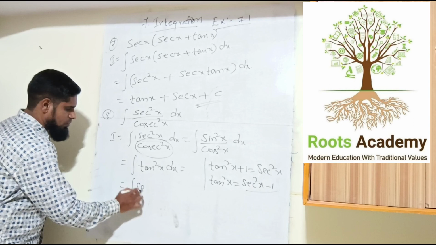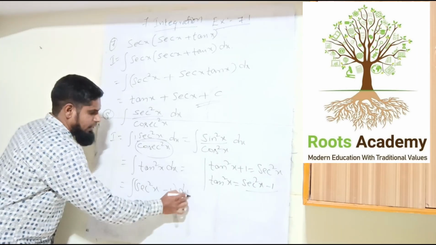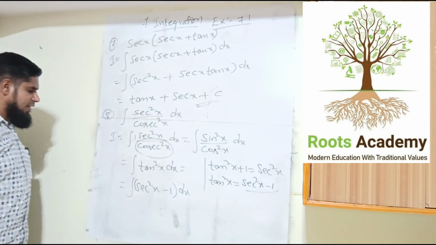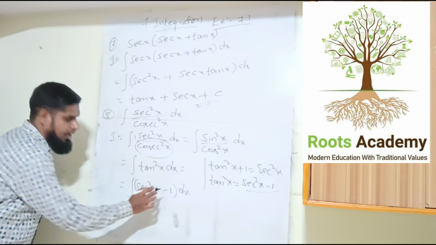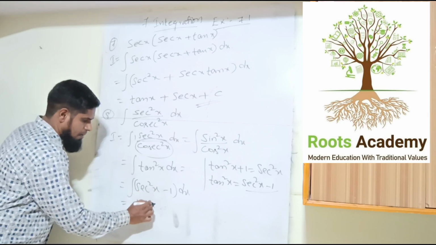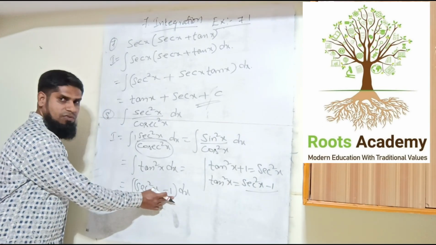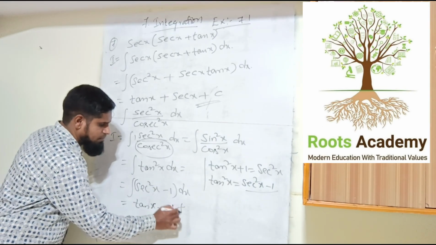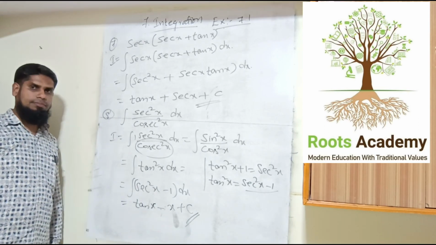So this is equal to the integral of secant square x minus 1 into dx. What is the integration of secant square x? It is simple, just tan x, minus the integration of a constant, that is, integration of 1 is 1x, plus c. Very simple.